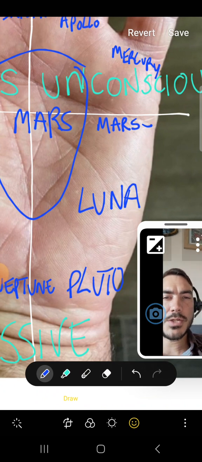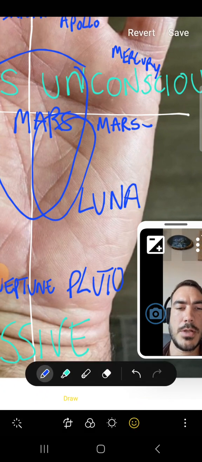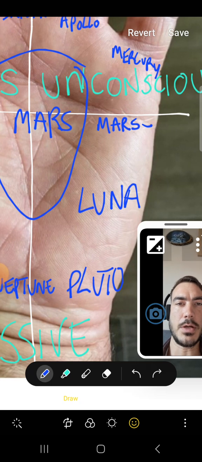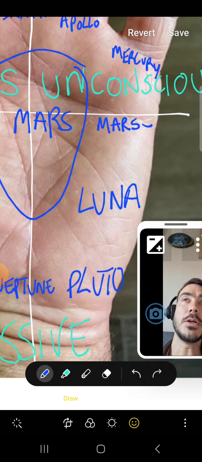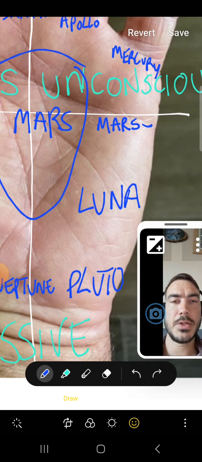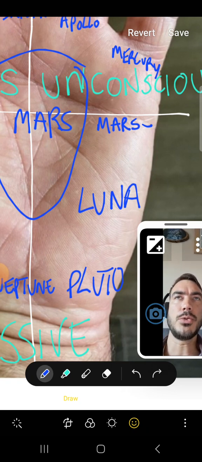This central part of Mars, within the unconscious passive side of the palm, is how we react unconsciously in social settings. If it's quite depressed, it's someone who reacts passively in a social setting. If it's concaved, it's someone who is a bit of a pushover, I suppose.